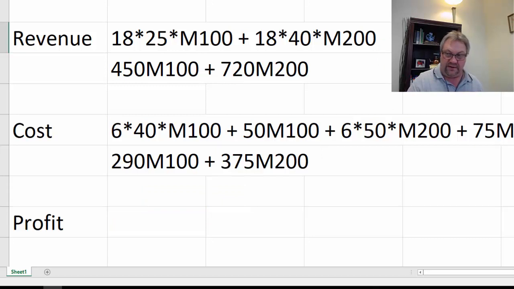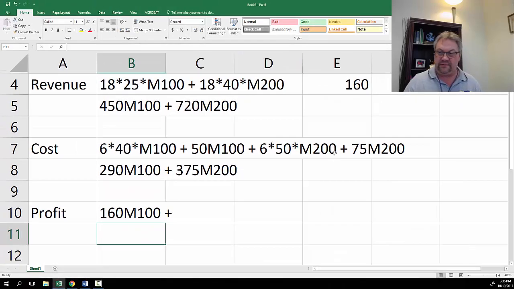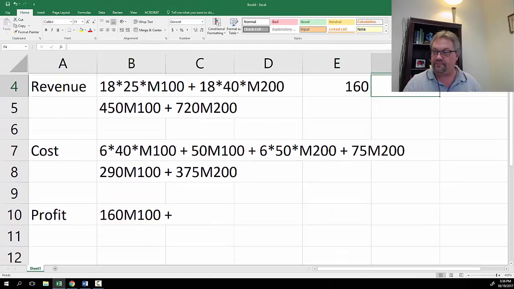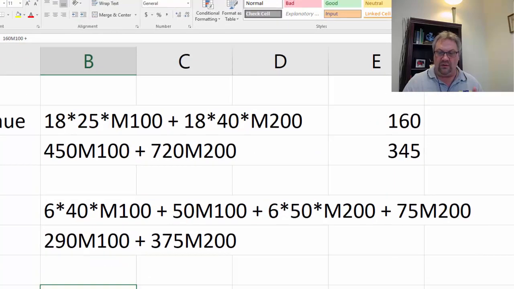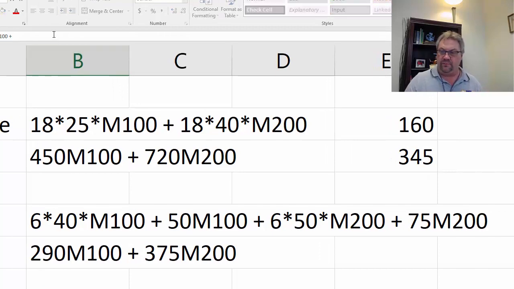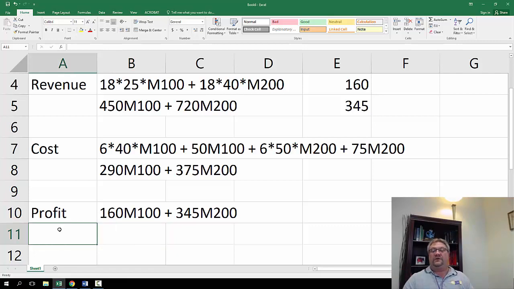So the profit is going to be $160 per hour of the M100 plus $720 minus 375, or $345 per hour for the M200. So plus $345 per hour times the M200, right? Okay, so this is my profit function.